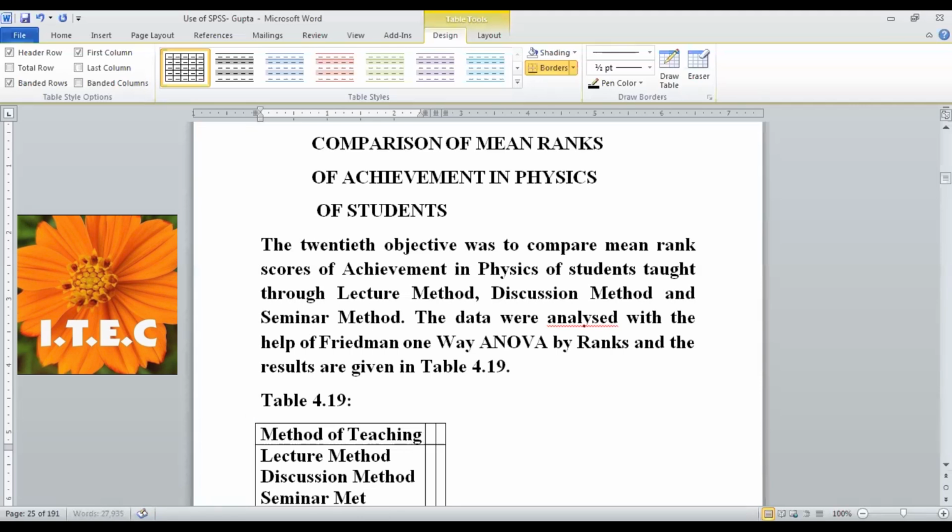And here is your mean rank, and here the mean rank was 1.07, and here it was 1.93, and here it was 3.0, and here the chi-square value.